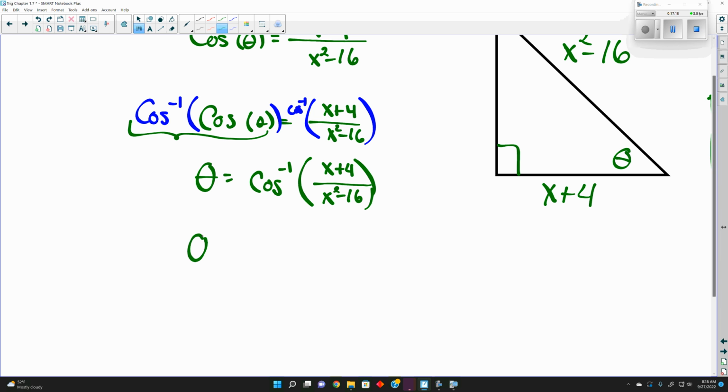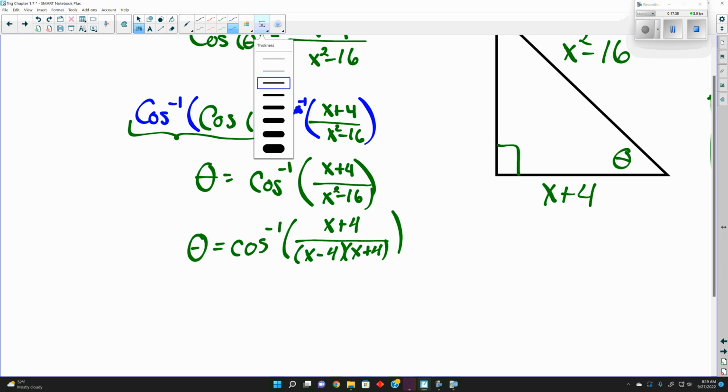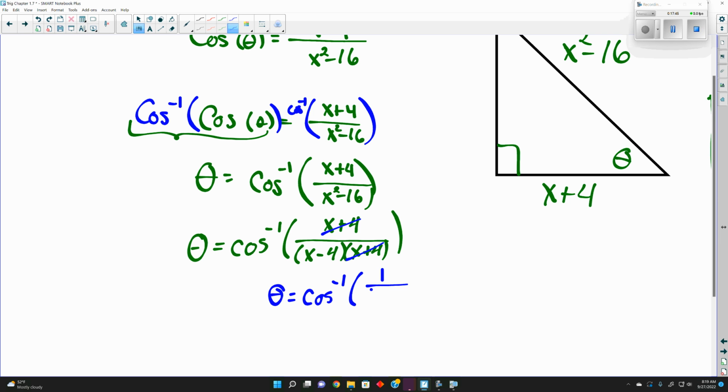So we can say theta is equal to cosine inverse of x plus 4 over x minus 4 and x plus 4. These will cancel, just telling us theta is equal to cosine inverse of 1 over, and that's it.